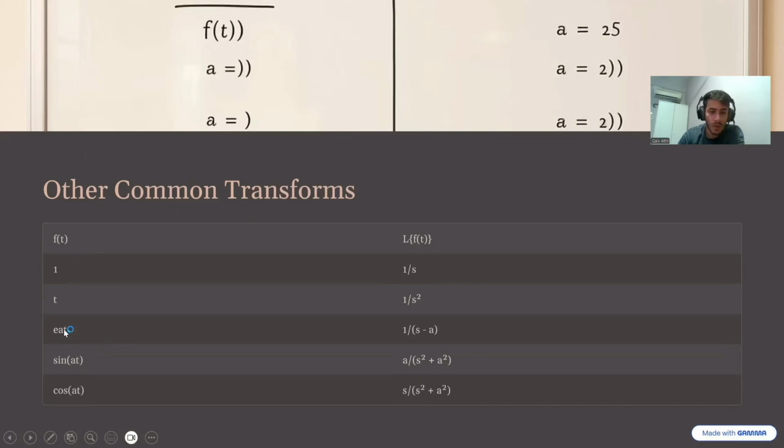You just plug in the values that you have. If you have an exponential like e to the power 2t, just change a and put 2 here. So this is the use of the table. Whenever you're solving for the definition, you just use this table and plug in the values. But I'm going to solve a question now and go through it with you so you could know how we came up with this table.